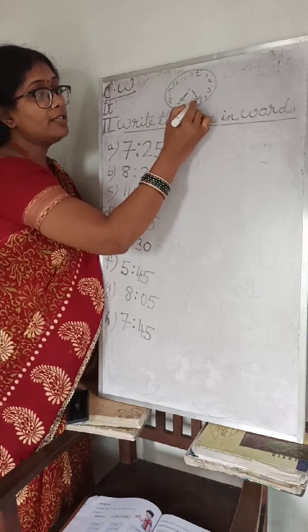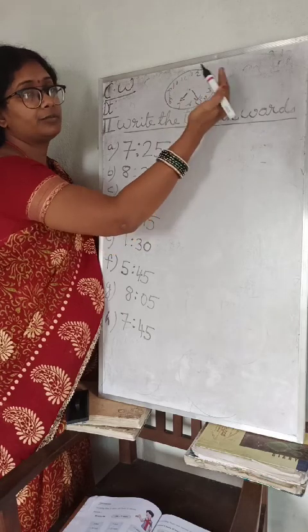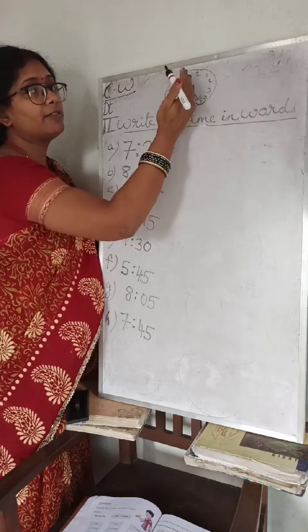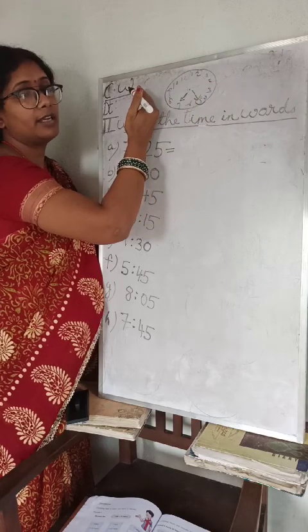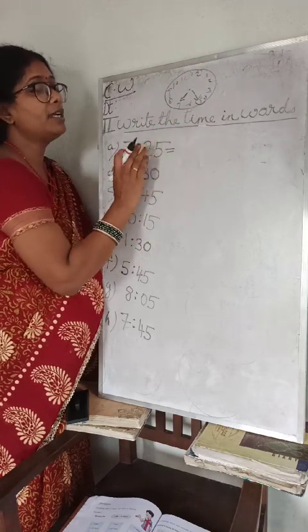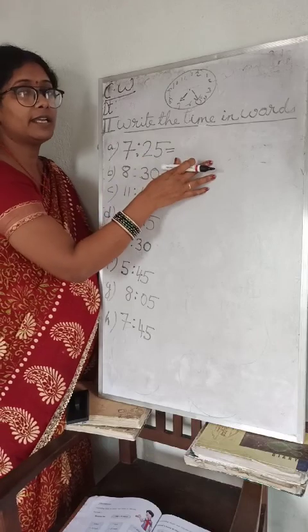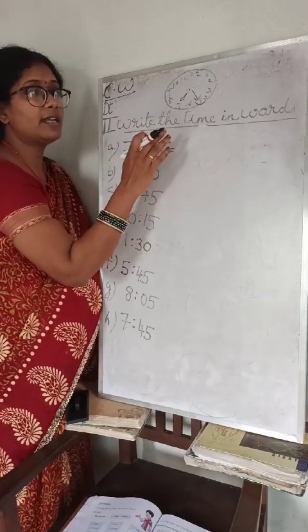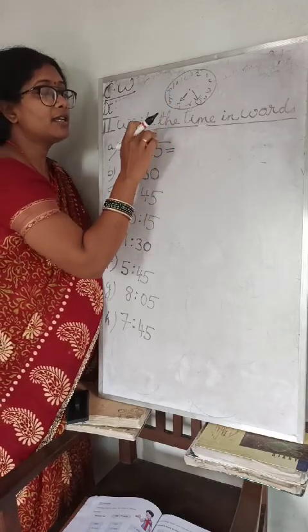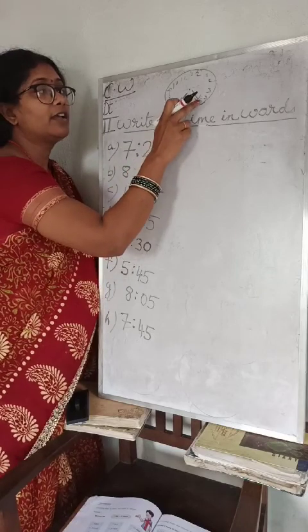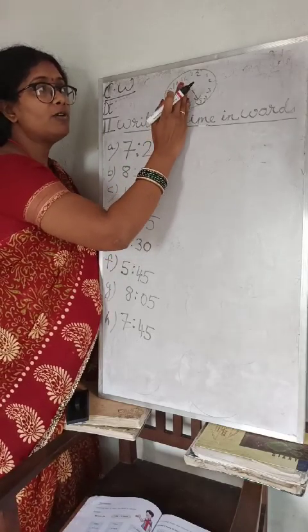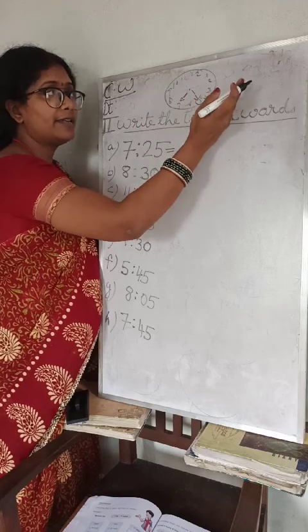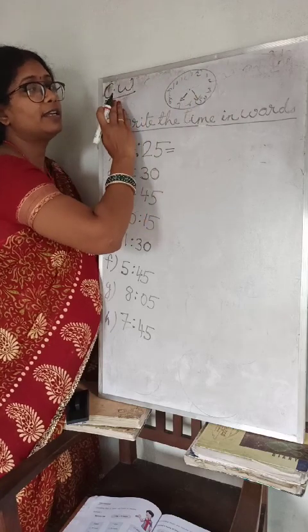Now 5 is at which side of the clock? 5 clock के किस साइड है? राइट हैंड साइड है कि लेफ्ट हैंड साइड है? This is very important. जब भी आप किसी नंबर को वर्ड्स में लिखेंगे तो हमेशा इसका ध्यान रखेंगे कि आप जिस नंबर को वर्ड में लिख रहे हैं वहाँ मिनट हैंड किस नंबर पर है और वो घड़ी के किस साइड है? राइट हैंड साइड है या लेफ्ट हैंड साइड है?